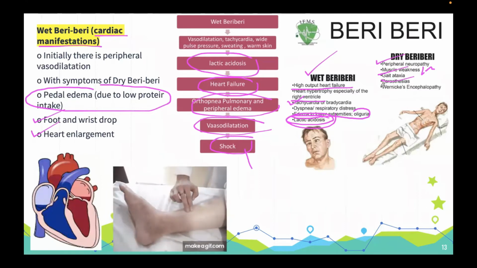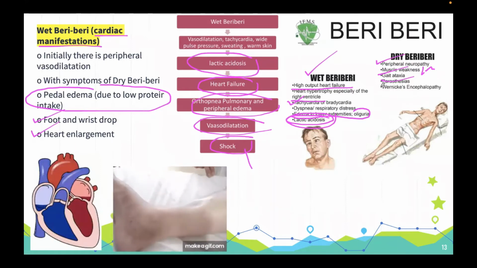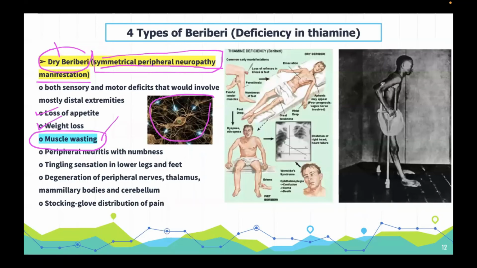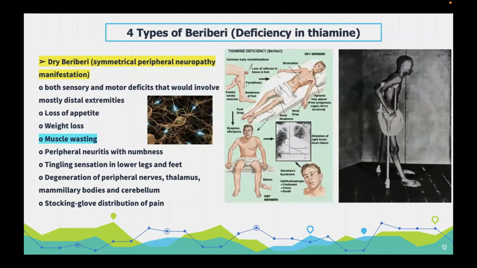So, discuss po natin mamaya kung anong meron kayong Wernicke-Korsakoff syndrome. Okay, so, but mainly, na-differentiate natin yung pinagkaiba po ni wet beriberi and then your dry beriberi. They're all involved in the deficiency of your thiamine. However, meron lang mga disparities or differentiation lalo na sa kanilang mga signs and symptoms.